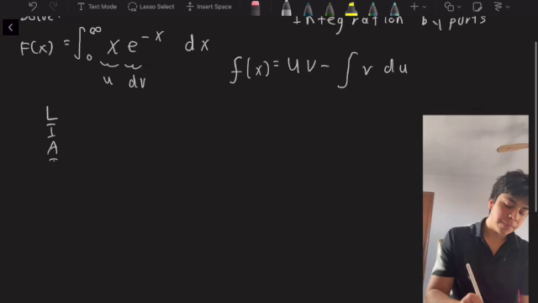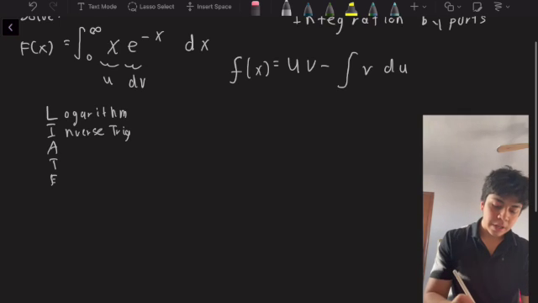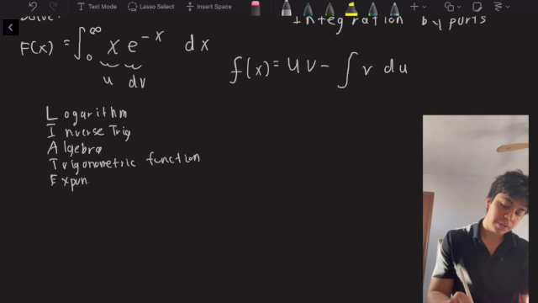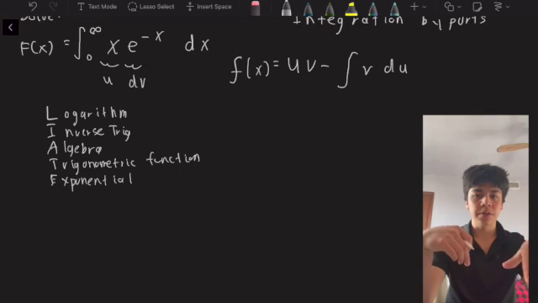which stands for logarithm, inverse trig, algebra, trigonometry, trigonometric functions, I should say, and exponential functions, to decide which function should be u and which function should be dv.